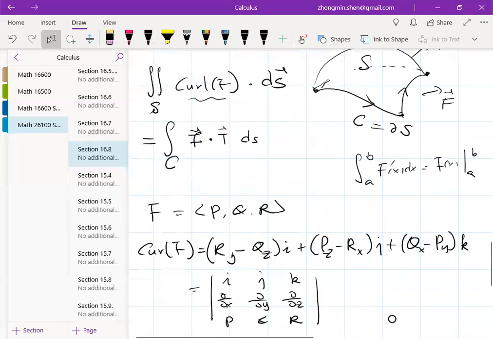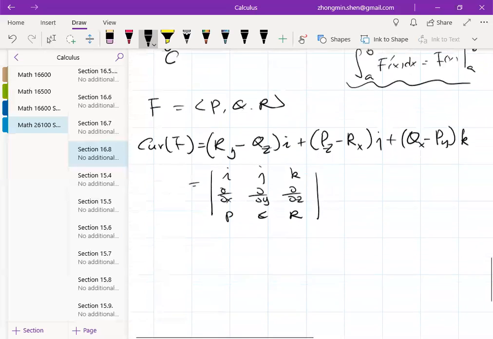Stokes generalizes the fundamental theorem of calculus to the surface integral. This is a very interesting formula. If the vector field is given by this formula, then you can change the surface integral to a line integral.